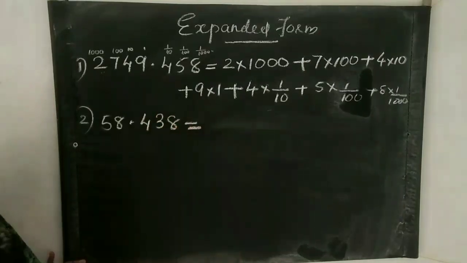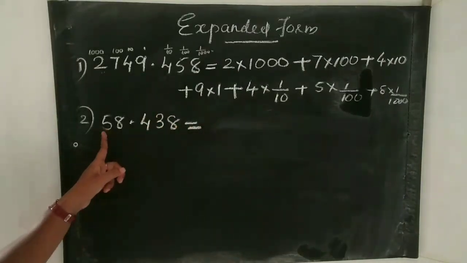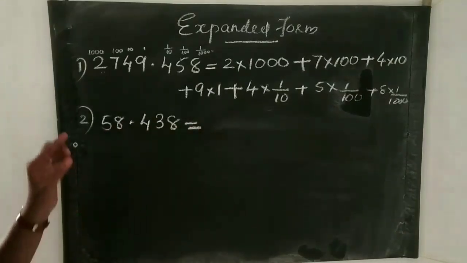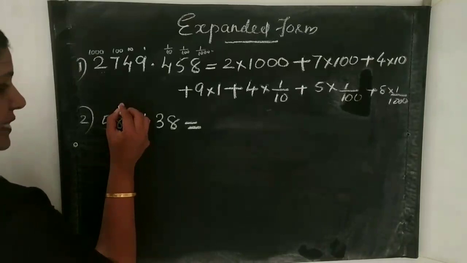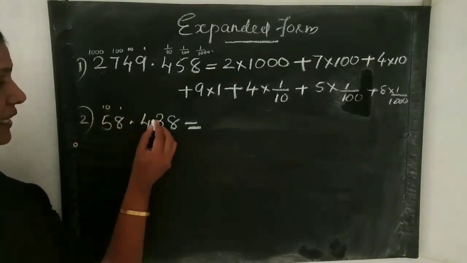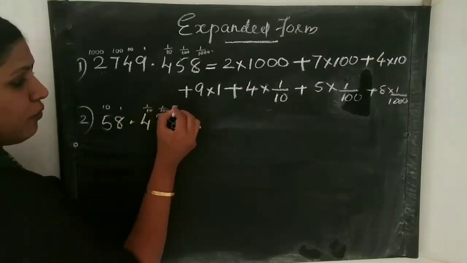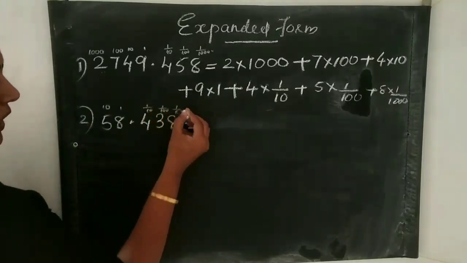Now the second question is 58.438. Okay. That is how to write this. First you write the place value on the top. That is, this is 1 and this is 10. This is 1 by 10, 1 by 100, 1 by 1000. Okay.